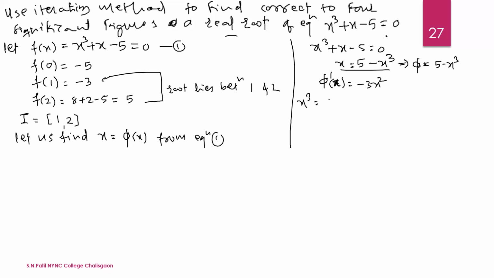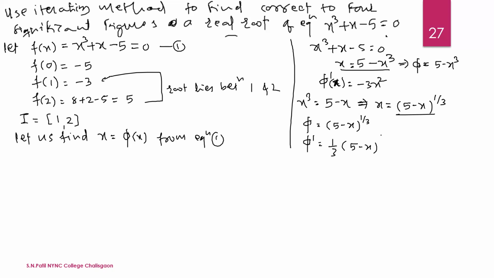Okay. Now the next, we write x cube is equal to 5 minus x. It can be written, taking 1/3 power, as x is equal to 5 minus x raised to 1/3. Now this is the phi. Phi is equal to 5 minus x raised to 1 by 3. Now differentiate, then we get phi dash is equal to 1 by 3. Okay. 5 minus x, the derivative of the function f raised to n is n f raised to n minus 1.